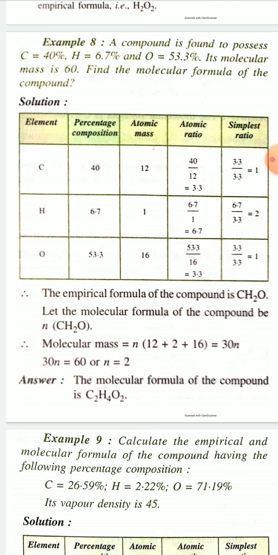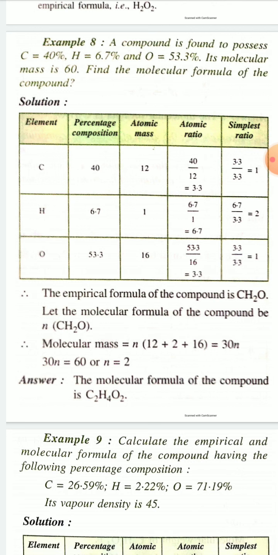So you divide all the values by 3.3. So the simplest ratio of carbon is 1, hydrogen is 2 and oxygen is also 1.